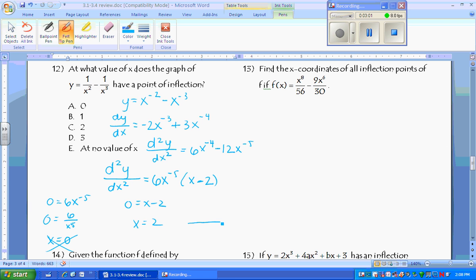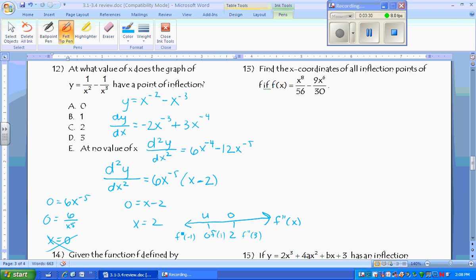Now you make a number line. For f double prime, you put a 0 and a 2. The 0 is undefined, and the 2 has a 0. Okay. Then you'd plug something in, like f double prime of negative 1, f double prime of 1, and then f double prime of 3.